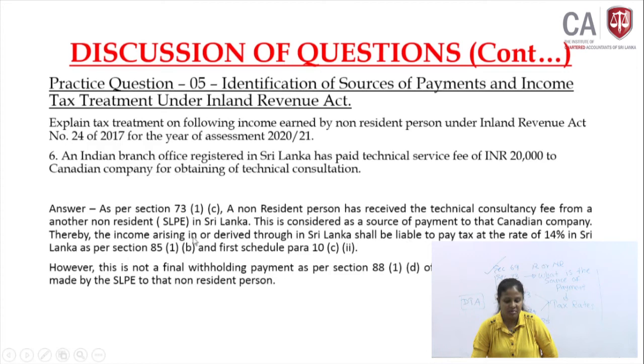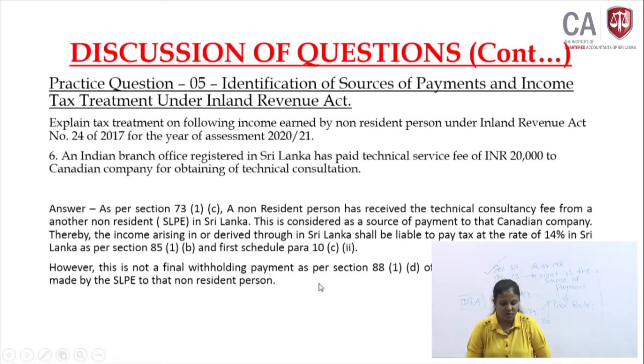Thereby, income arising in or derived in Sri Lanka shall be liable to pay tax at the rate of 14% in Sri Lanka as per section 85 subsection 1b and the first schedule paragraph 10 subparagraph C Roman 2. That part, it's very convenient to you all now. Now come to the next one.